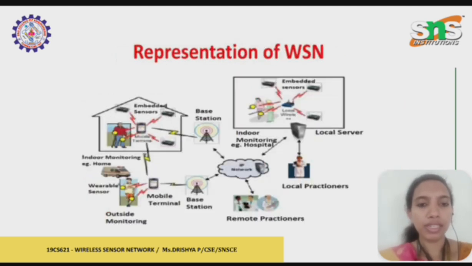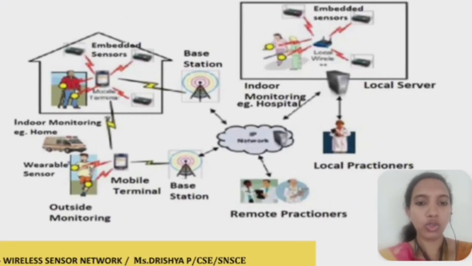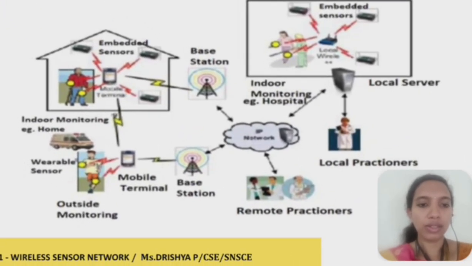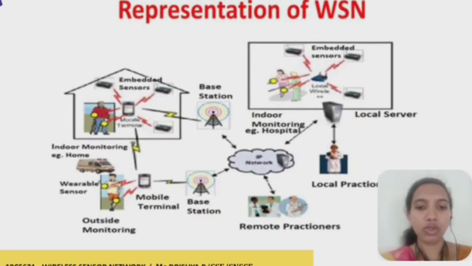Next is the representation of wireless sensor network. This figure shows the wireless sensor network. It is connected to a local server, local practitioners, remote practitioners, and different kinds of monitors. Mainly here is the basic network, and then there is a base station.